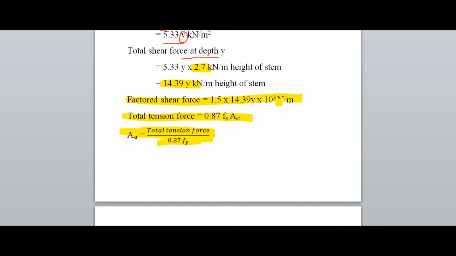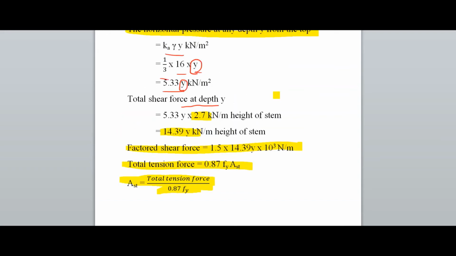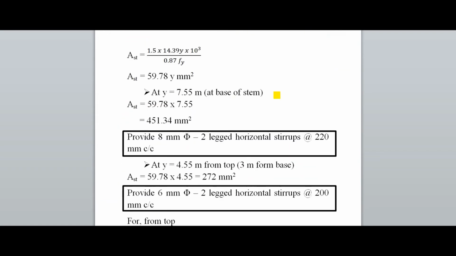Total tension force T is 0.87 into Fy. So Ast is 59.78 y mm square. We found the Ast at some depth.